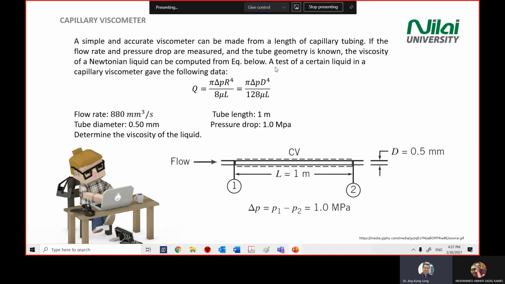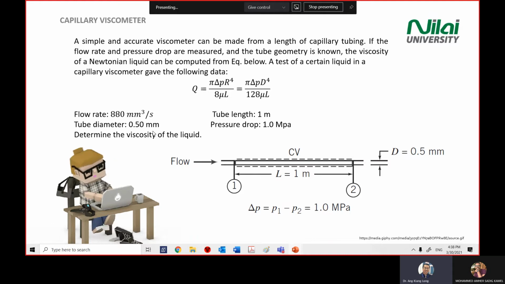All right. A test of a certain liquid in a capillary viscometer gives the following data. You are given the flow rate, the tube diameter, the length is 1 meter, and the pressure drop is 1 megapascal. Pascal is Newton over meter square.